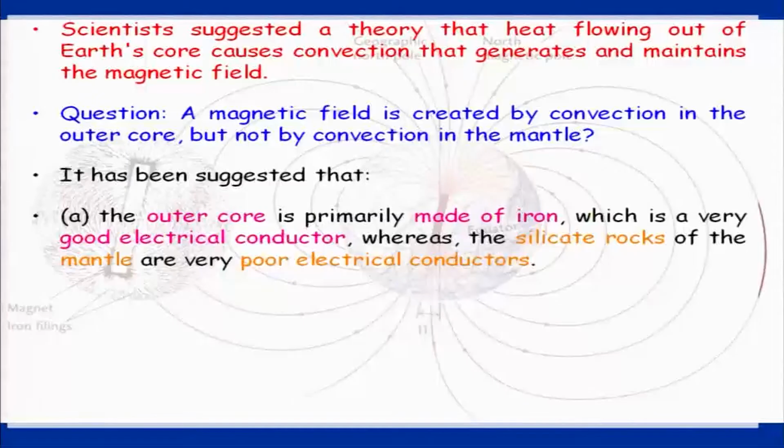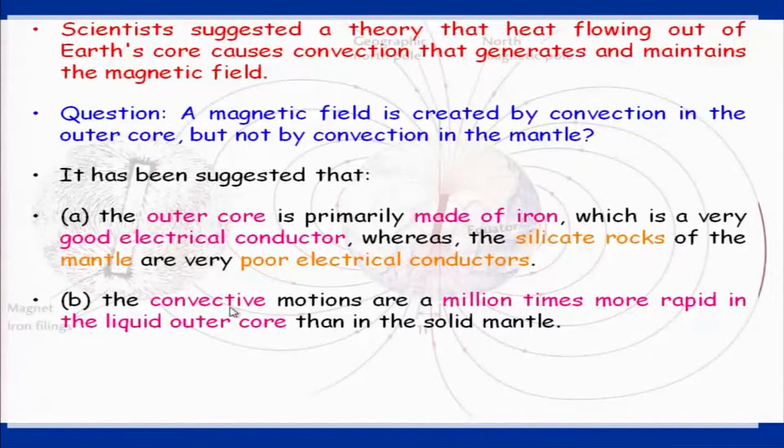So the outer core is primarily made up of iron, which is a very good electrical conductor, whereas the silicate rocks of the mantle, as we were talking about in the composition of the earth's interior, are poor electrical conductors.